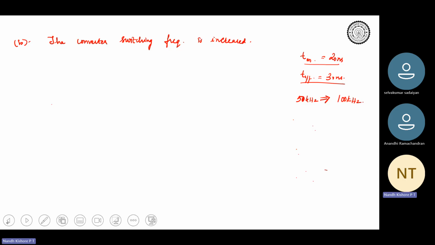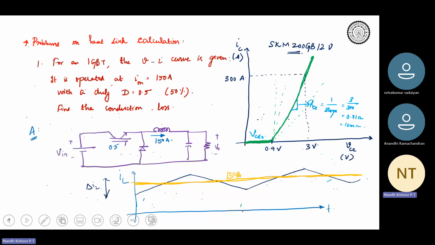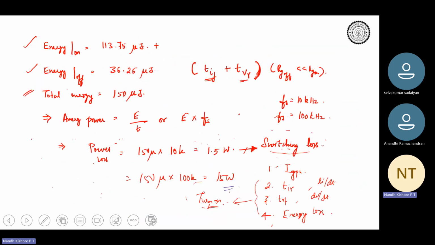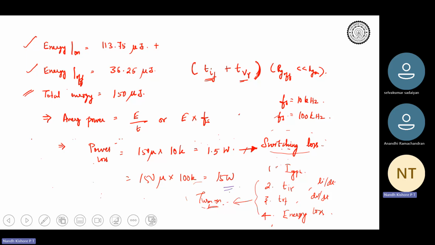If we go to the last class, we concluded at the last point. We computed the energy loss under this curve, which was some microjoules, and after that the power loss. Power loss is basically E by T, energy by time, or switching energy into frequency.